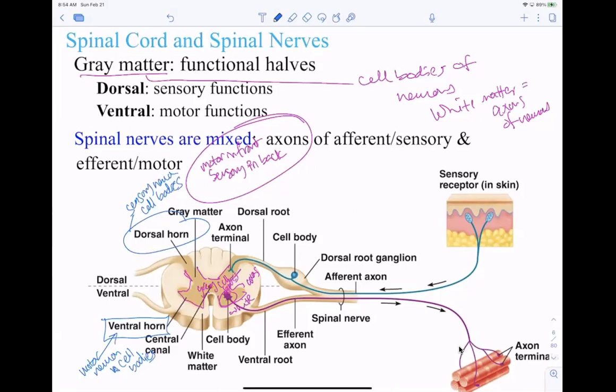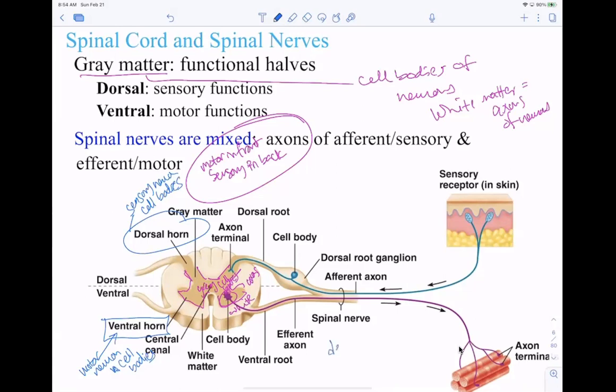So the white matter tracks that are predominantly all in the front are going to be motor tracks, meaning the axons are going down, they're descending tracks, and they're going out to skeletal muscles and glands, or cardiac and smooth muscles. So anterior tracks, descending tracks, those are motor tracks.